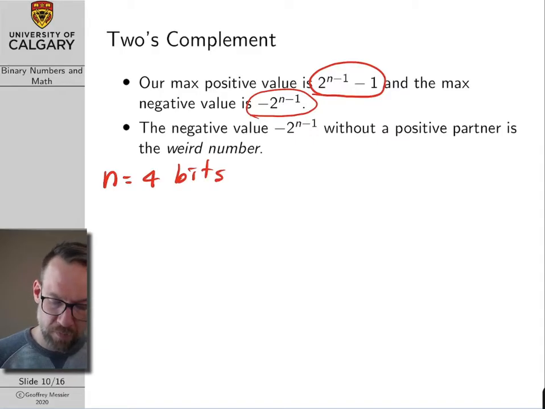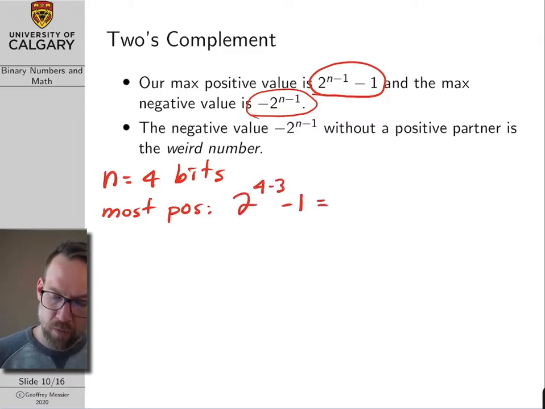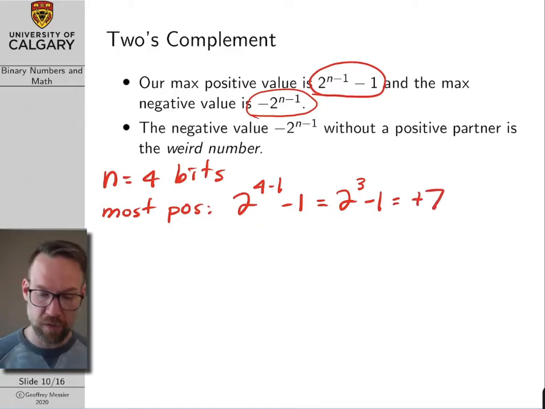So the most positive number we can represent would be 2 to the 4 minus 1, minus 1, which is 2 to the 3 minus 1. So that's positive 7. And we saw that in our previous example.